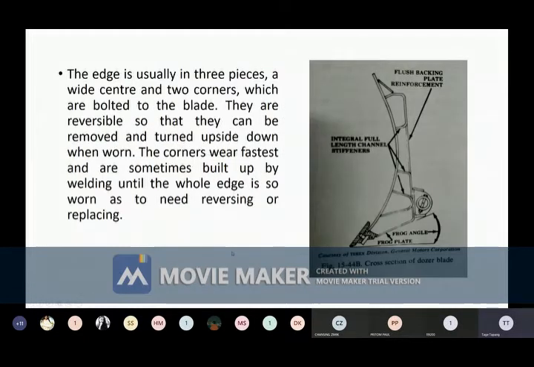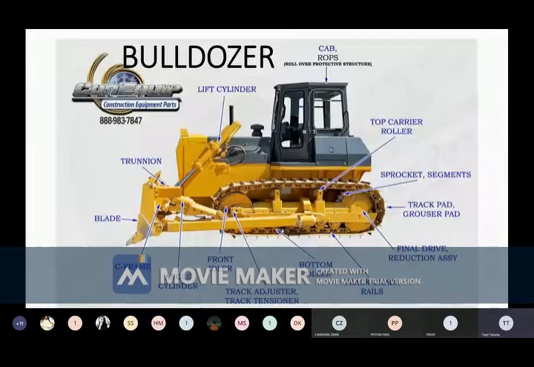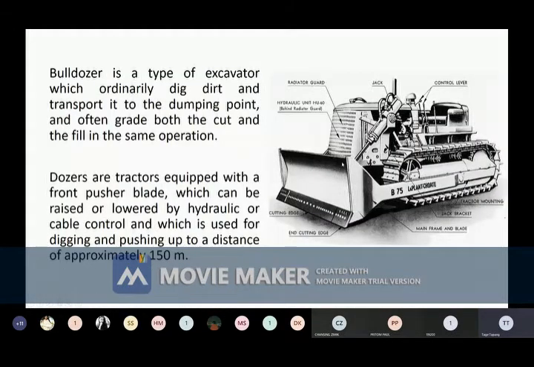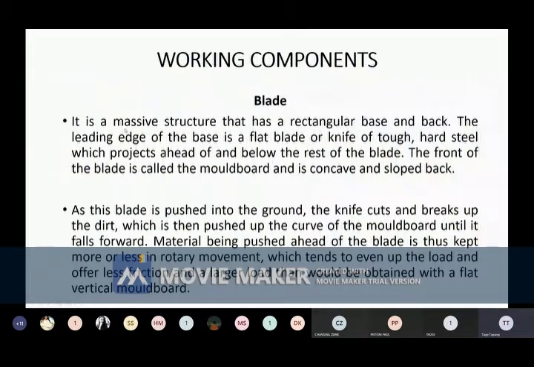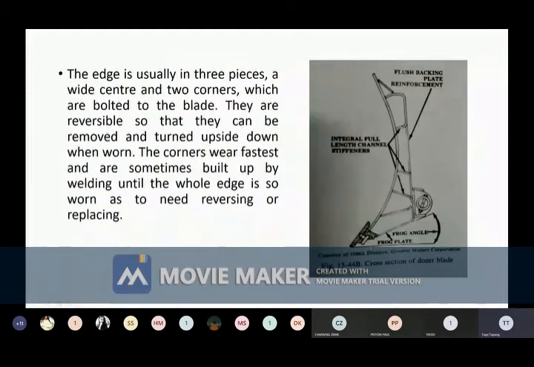So you see this blade, it is a massive structure that has a rectangular base and back. This base is rectangular in shape, which we have seen earlier. This back is also straight, rectangular type, flat.